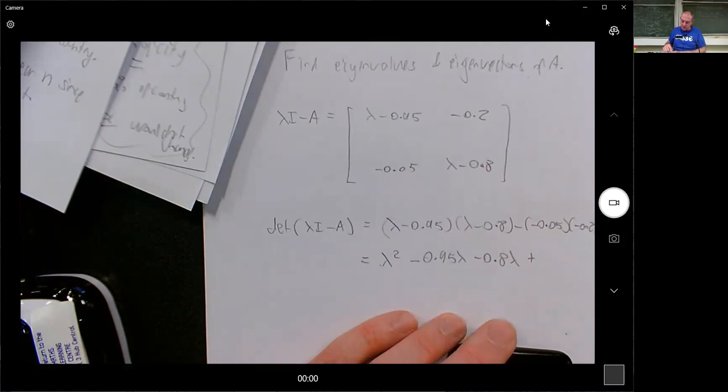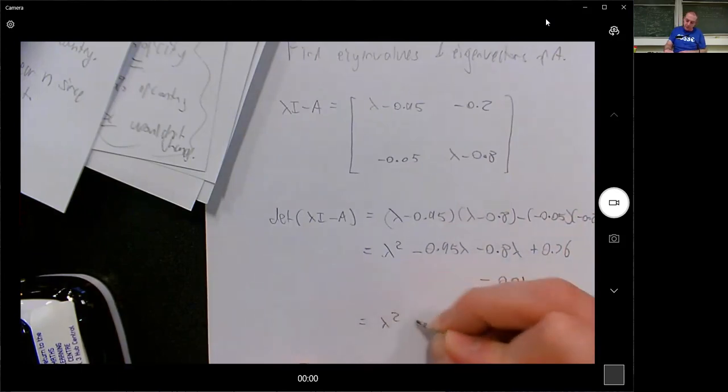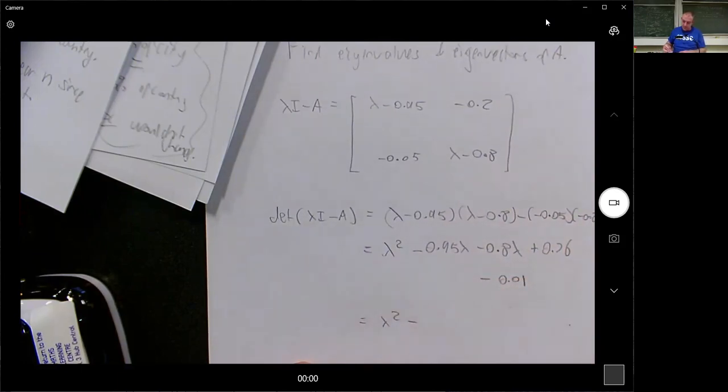And that's what calculators are for. 0.76, minus 0.05 times 0.2, 0.01. So I've got lambda squared minus 1.75 lambda plus 0.75.